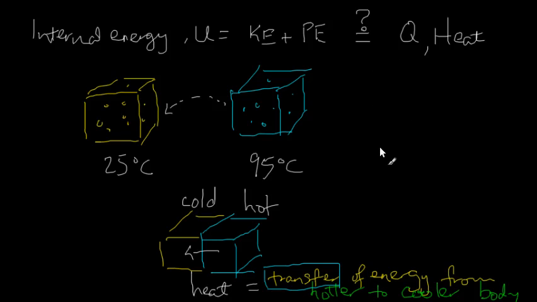So heat and internal energy are definitely not equal. I can have a very hot object with lots of internal energy, but as long as there's no energy coming in from outside, I don't talk about heat. I say that the heat is zero, and by that I don't mean that it is cold or that it has no internal energy.